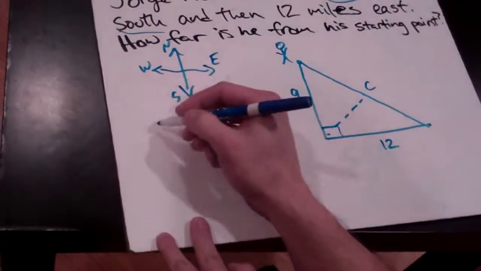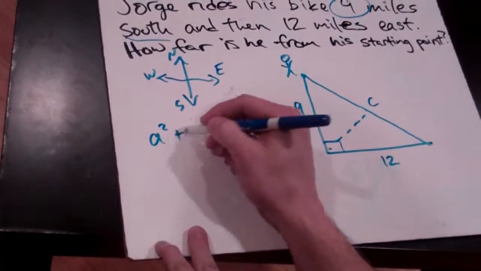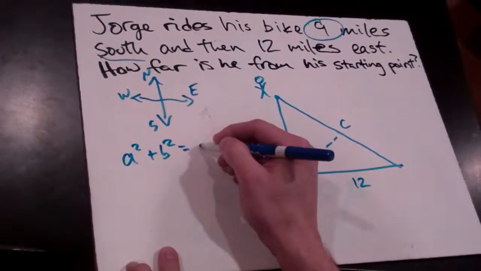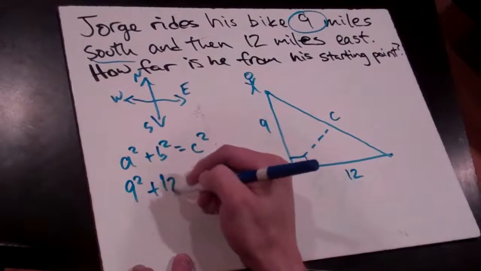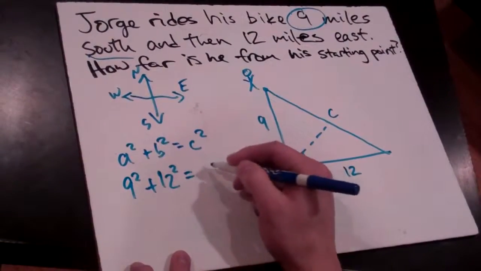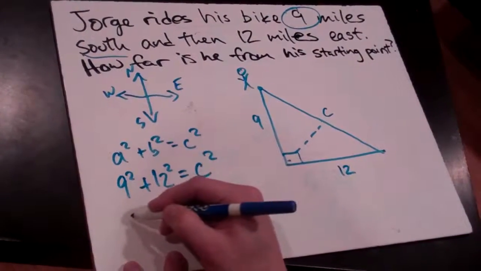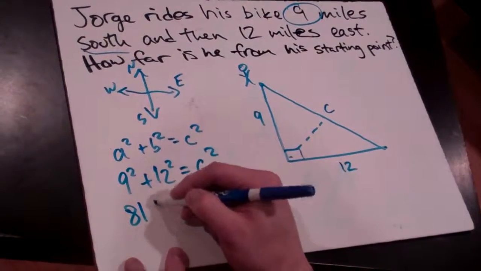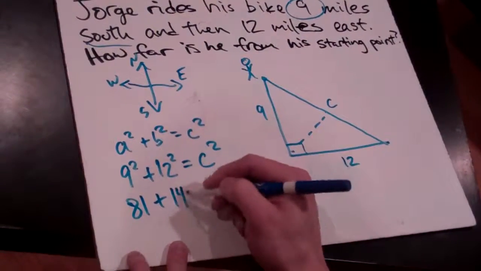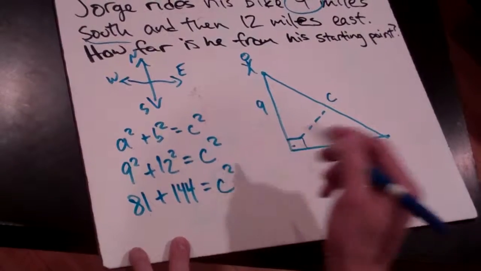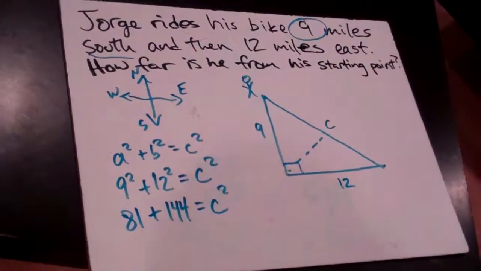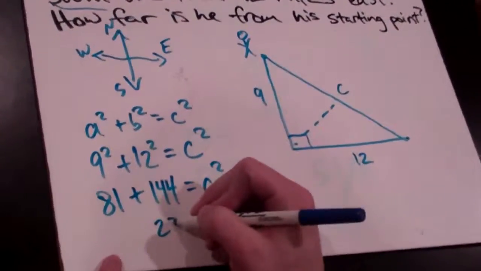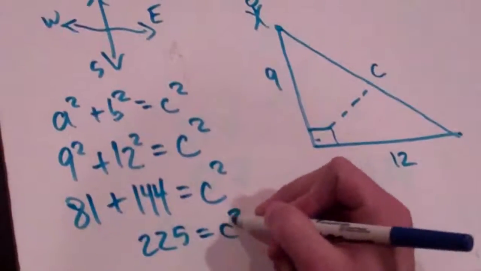So really what we need to do is plug it into our a squared plus b squared is equal to c squared formula. We get 9 squared plus 12 squared is equal to c squared. 9 squared, that's 81, plus 12 squared, 144, is equal to c squared. All my mental mathematicians out there, you add that up and what do we get? You got it. 225 is equal to c squared.